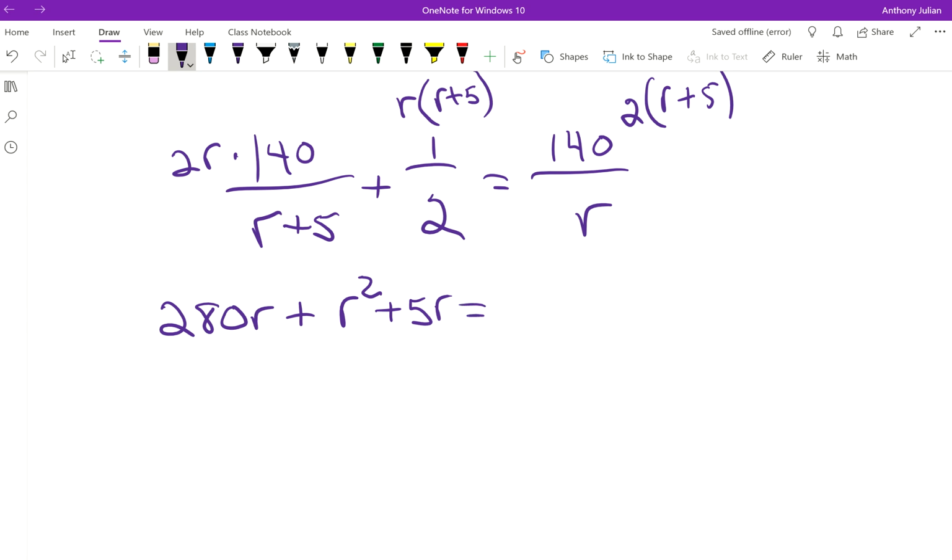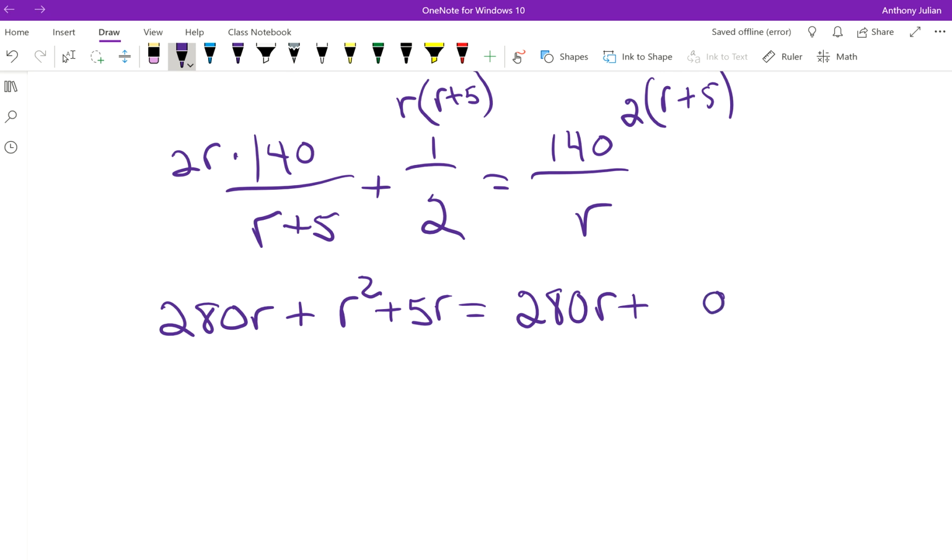And that's going to equal, wow, what do we got here? 140 times 2 is 280. 280 times r is 280r plus 5 times 140.